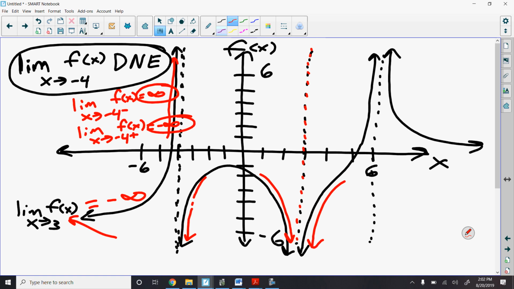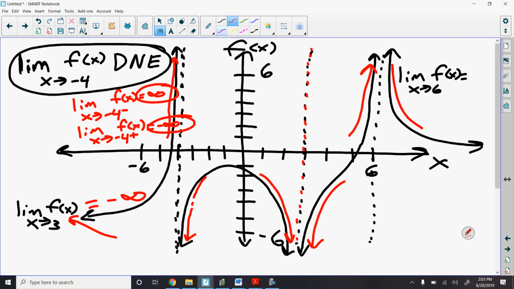Take a guess now what the limit as x goes to 6 would be. Again, anytime we perform limits, if we don't have a superscript after the number, no plus, no minus, we have to think about both the left and the right-hand limits. Looking at this one, the left-hand limit is going to infinity.